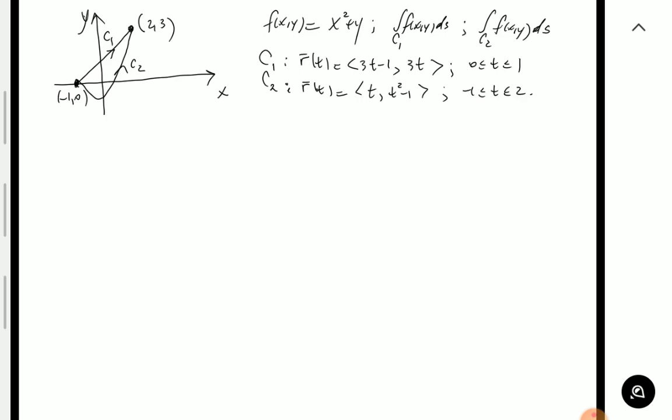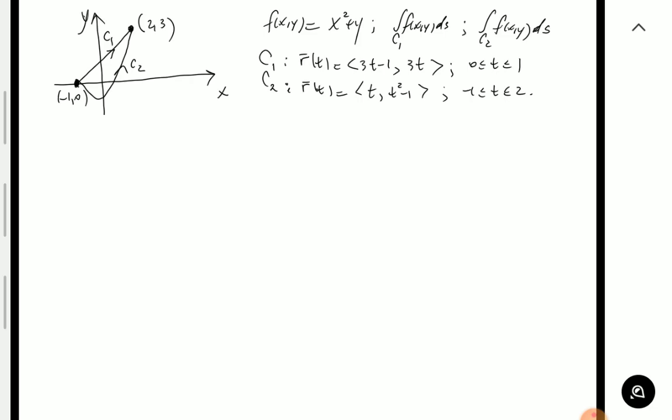And then if t equals 2, I get again the same final point, 2 and 3. So convince yourself that the actual point, not the parameter values, which are obviously not the same, but the actual point on the curve is the same, the initial and the final one for both of them. So to be clear, it's same endpoints, but different curves, different paths from one point to another.